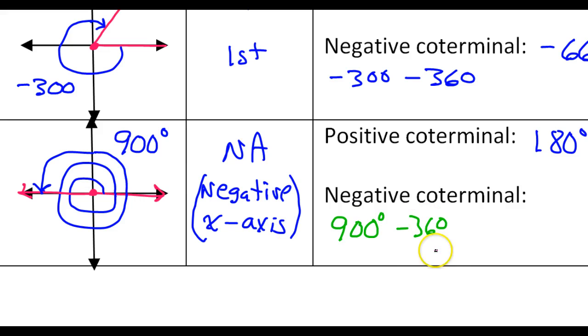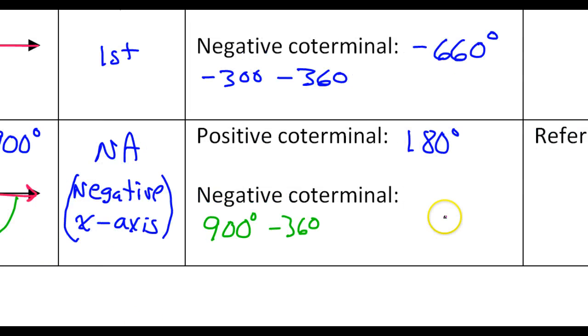I could keep subtracting 360 over and over again until I get a negative number, but we will feel more clever if we just use our common sense. If we just look at the negative direction from the initial to the terminal side, that's negative 180 degrees. So that's the best way to go.